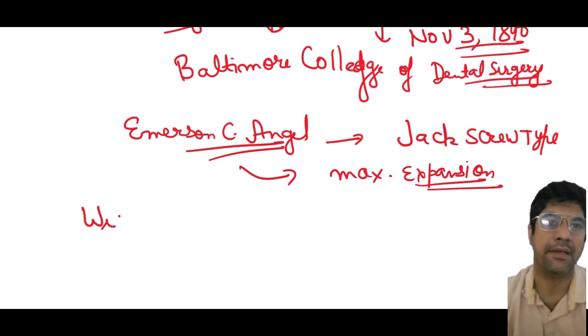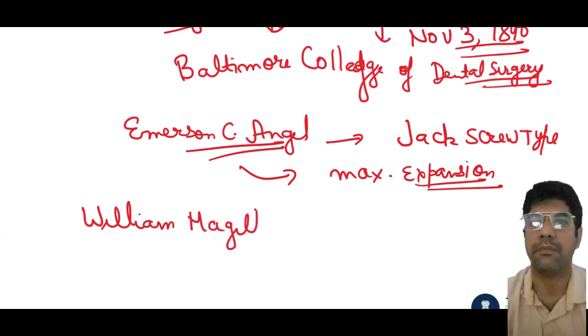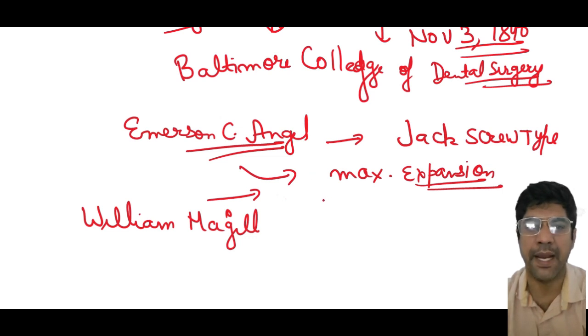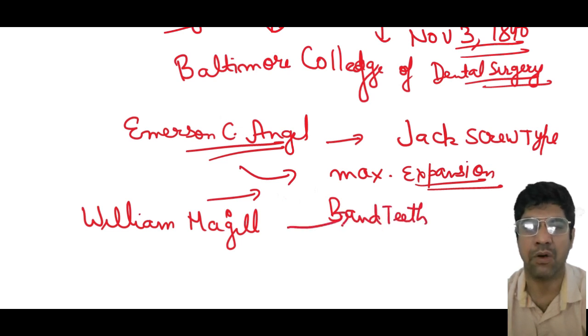William McGill was the first person to bend wire for active tooth movement in orthodontics.